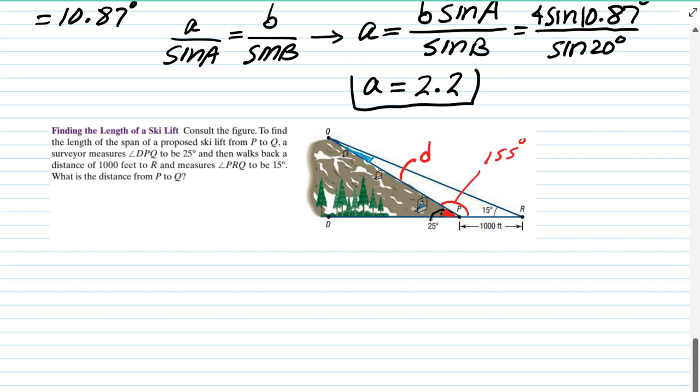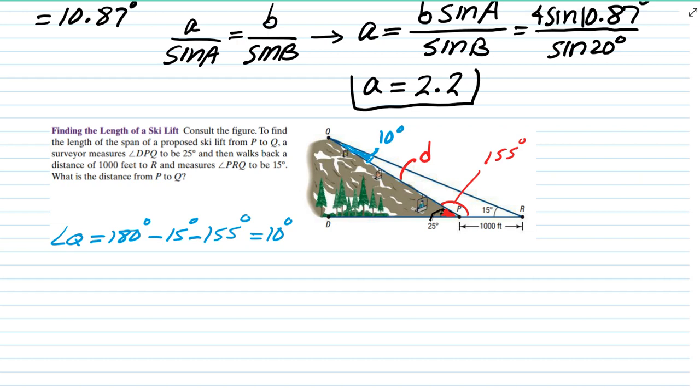That's angle Q, right? So angle Q is going to be 180 minus 15 minus 155 degrees, and that would be 10 degrees. Okay, so we have this angle figured out, that's 10 degrees.